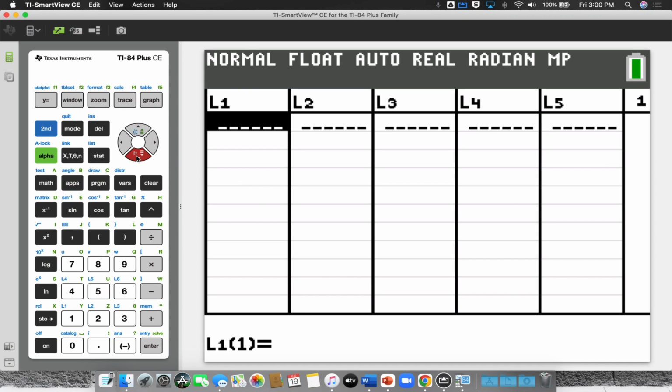Now I'm going to put in those numbers that we just had, those heights: 65, 72, 68, 64, and so on and so forth.